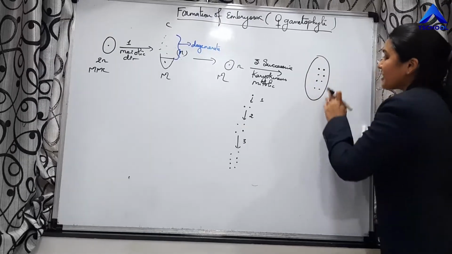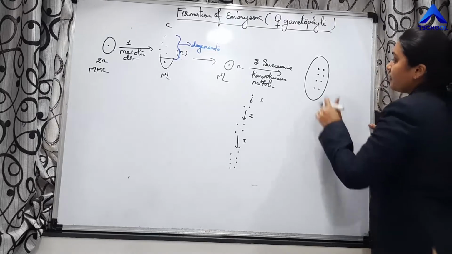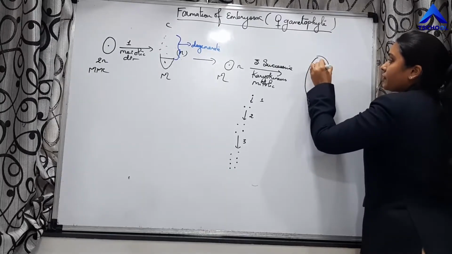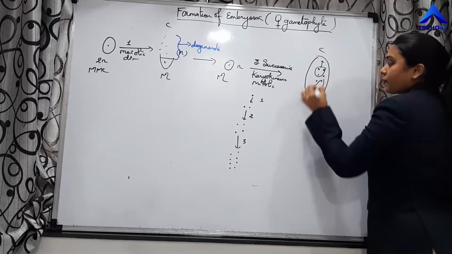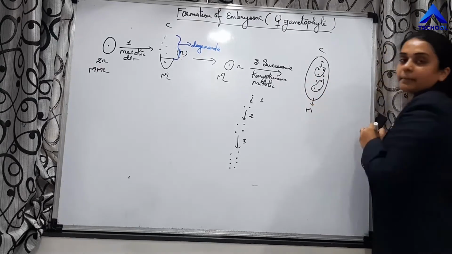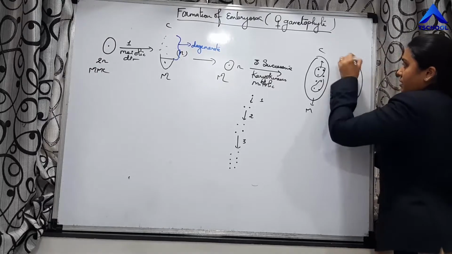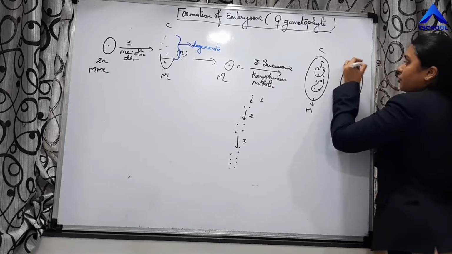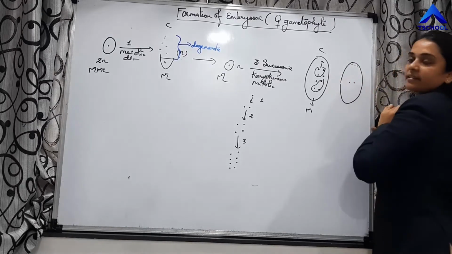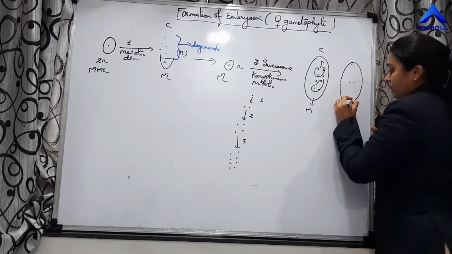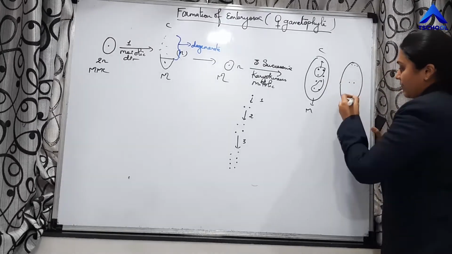Now what will happen? These nuclei are going to undergo movement, right? So 4 nuclei will move towards the chalazal end and 4 nuclei will move towards the micropyle end. Let me draw it again. So 3 nuclei are at the chalazal end, 2 nuclei are present in the center, and 3 nuclei are at the micropyle end.